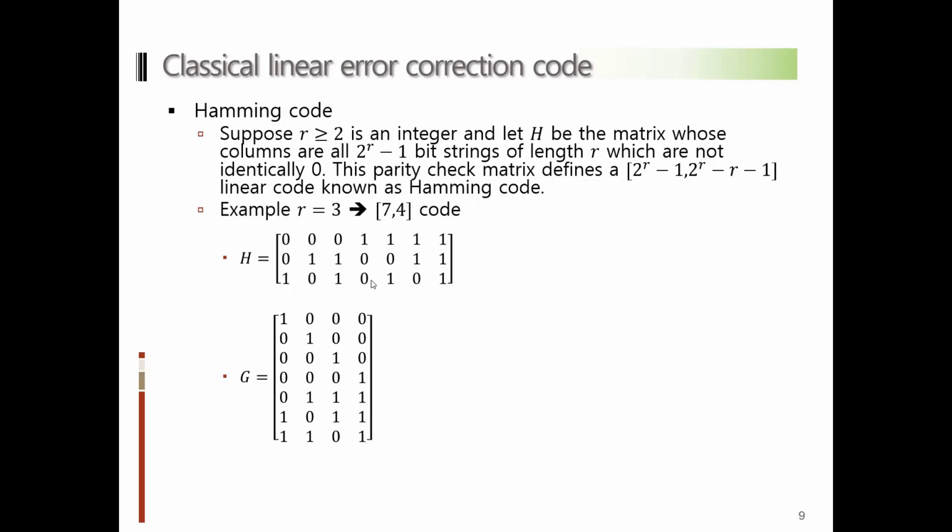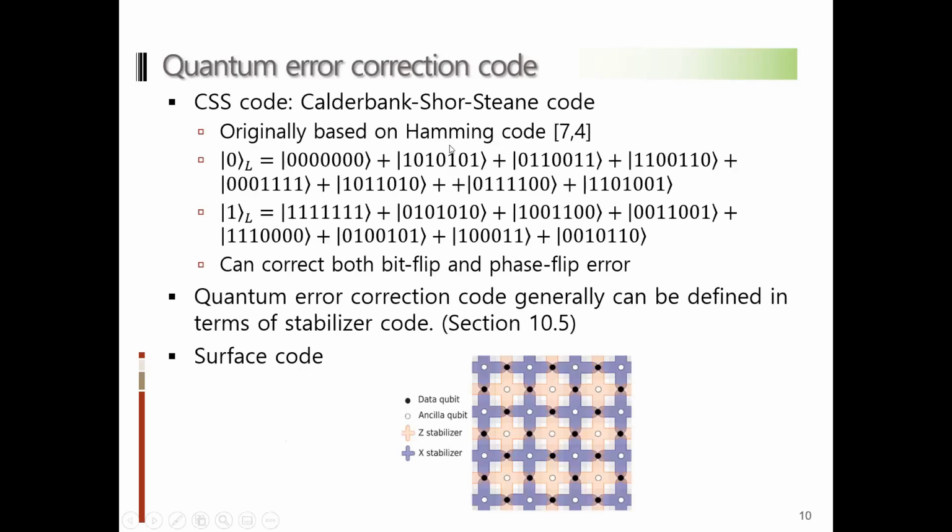But the main reason I'm discussing the Hamming code at this point is that the result of the Hamming code is directly related to what is called the CSS code. CSS means Calderbank-Shor-Steane. And again, Shor is involved in this development.